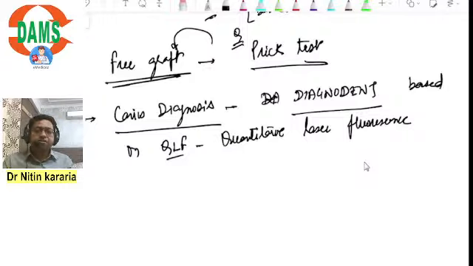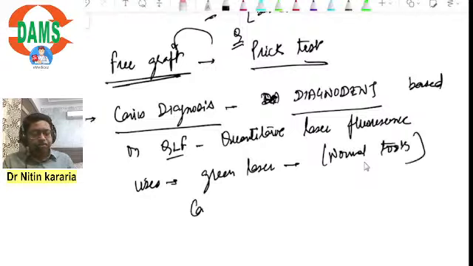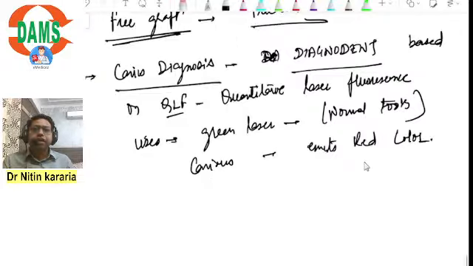Diagnodent uses a green laser; a normal tooth, and a carious tooth emits red color. So that is another application of lasers in the field of conservative and endodontics.